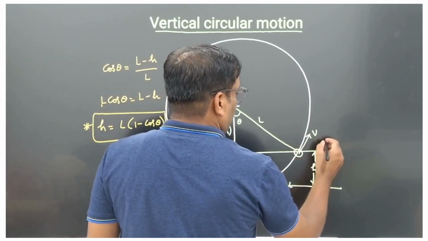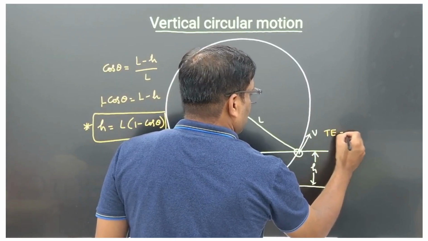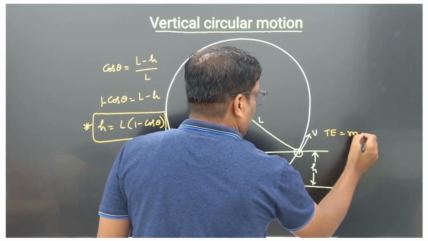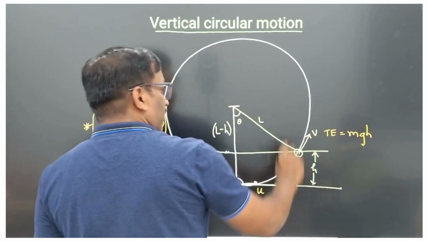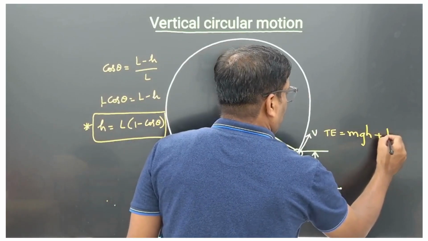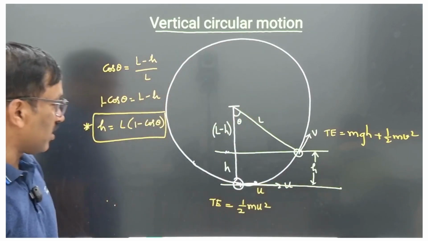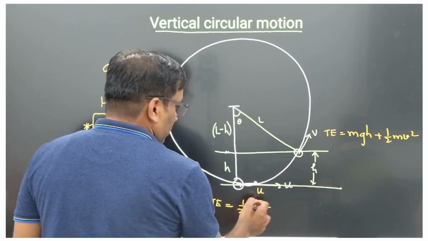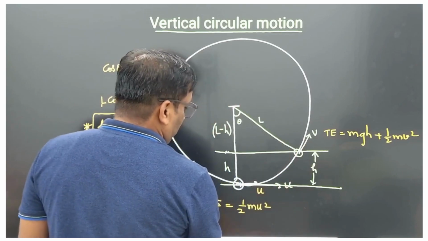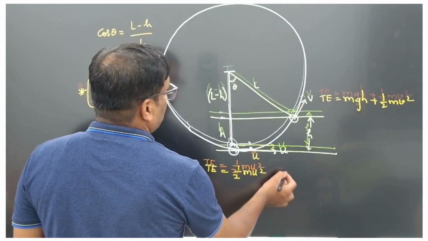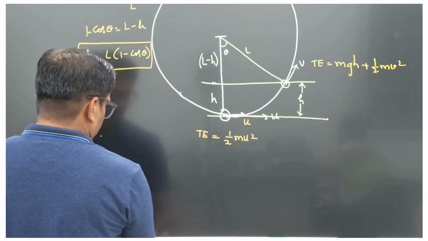At this point, what will be the total energy? Total energy is potential energy, that is mgh, plus kinetic energy, half m v square. By using the law of conservation of energy, the energy here and the energy there should be equal. Now let us calculate the velocity at this point.